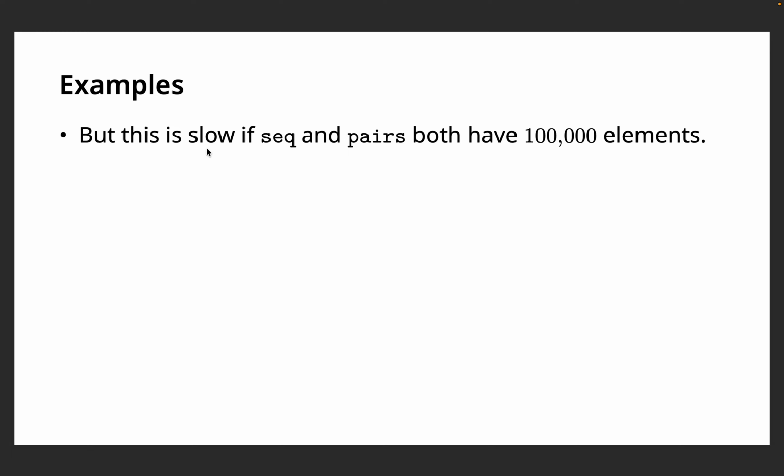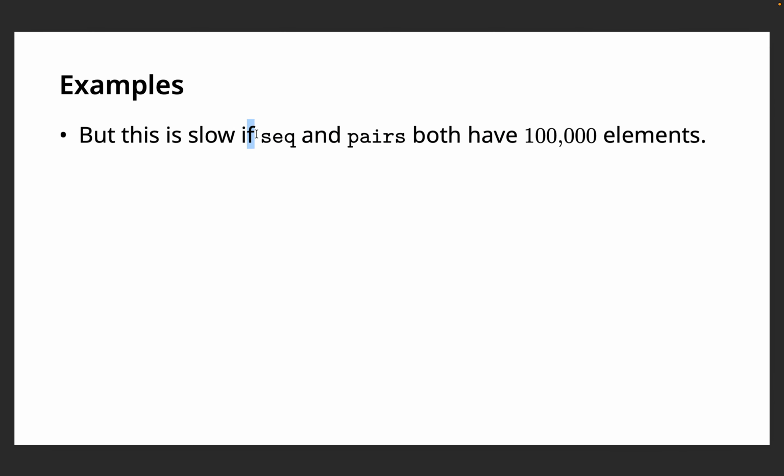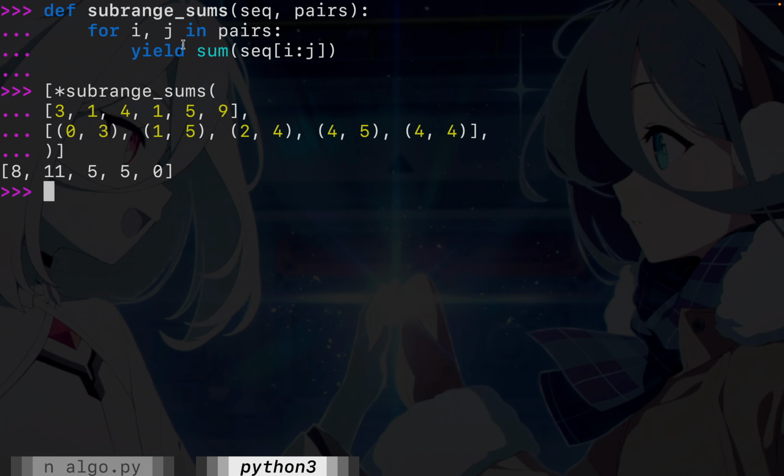But as it turns out, this is going to be slow if your sequence is big and you have a lot of pairs to check. So let's see what's happening here. For each pair, we're getting the sum of however long that pair is. For example, if the pair asks you to get the sum of the entire list, then that would be around n operations for that particular pair. And if there were q pairs, so n times q.